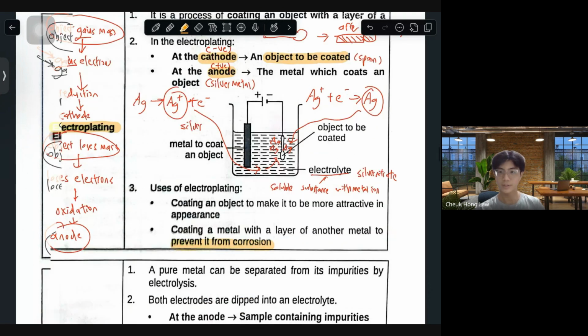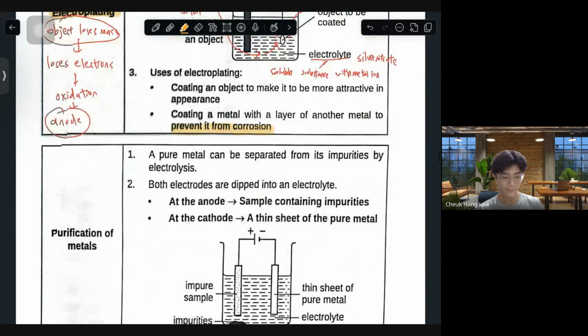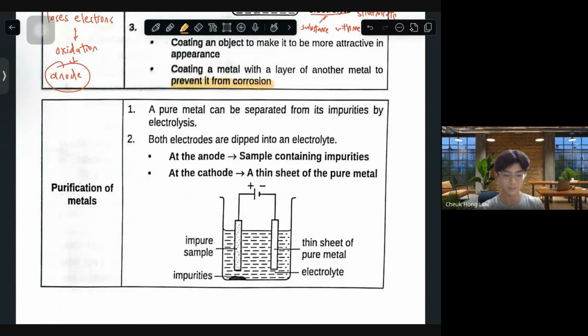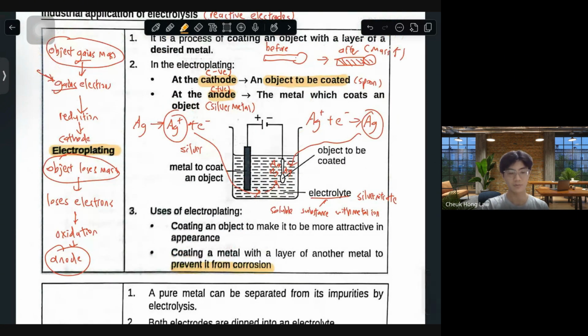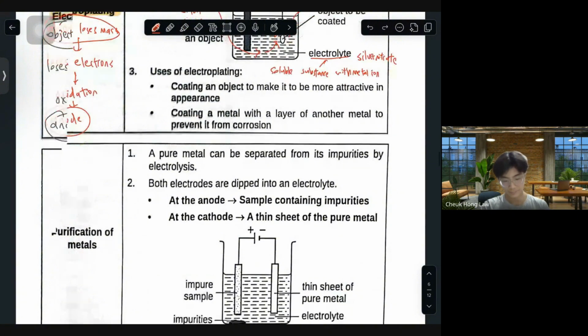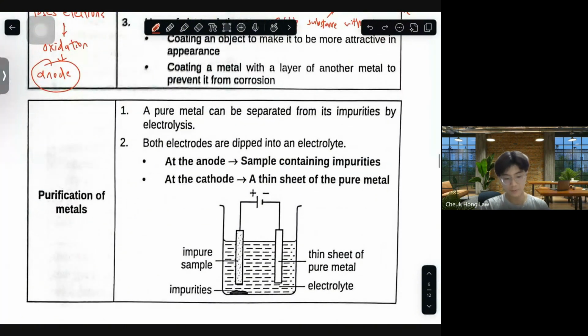Okay, if no questions, let's look at purification of metals. Again, we follow this rule. The object that gains mass will be the cathode. The object that loses mass will be the anode. Purification of metals is basically removing impurities from a pure metal.